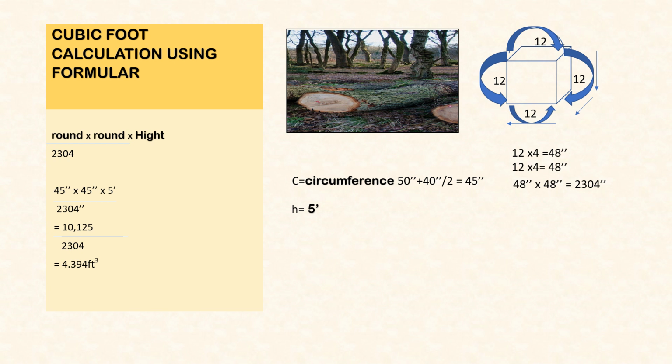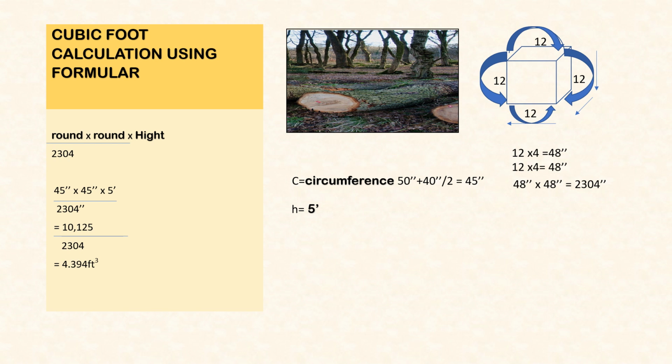That is the average. Why we need the average is that the person who is going to buy this log will not be in a disadvantaged position, and this applies the same to the seller also.